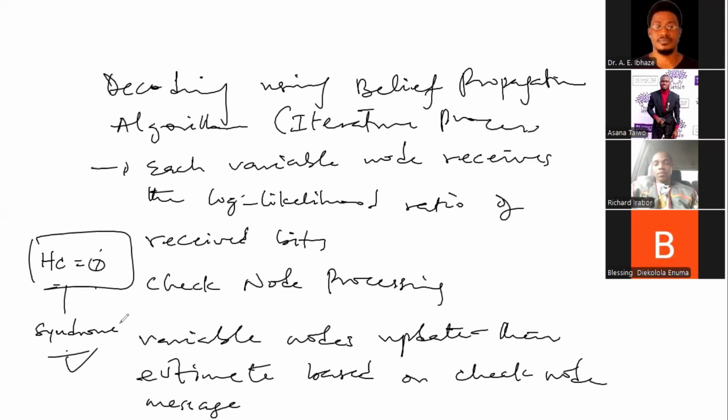Referring back to the LDPC, we actually generated a parity check matrix, a transpose, and from there you said we're going to have a formula from the parity check. So is it the formula we generated that will now be used to develop our codes?